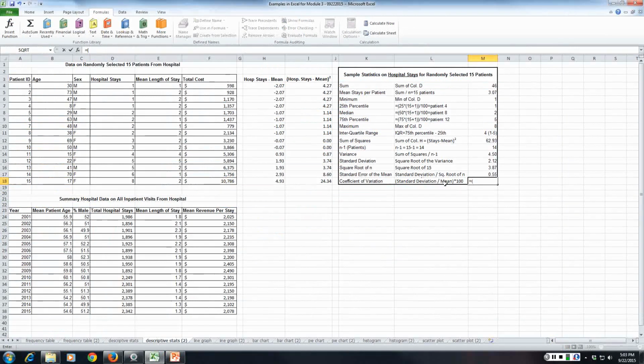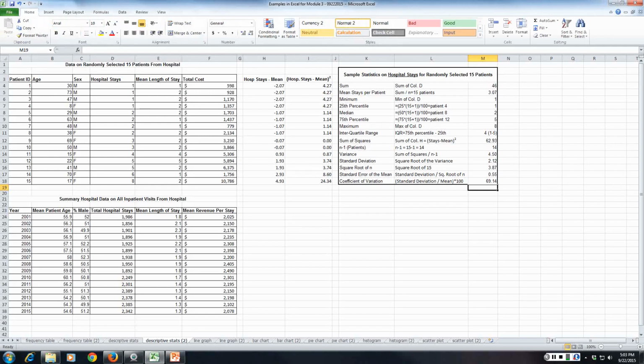Standard deviation of 2.12 in cell M15 divided by the mean in cell M5. Close the parentheses, and now we want to multiply by 100. And there we go. We have the coefficient of variation, which tells you on a relative scale the degree of variation in the data. And now we have all of our descriptive statistics.